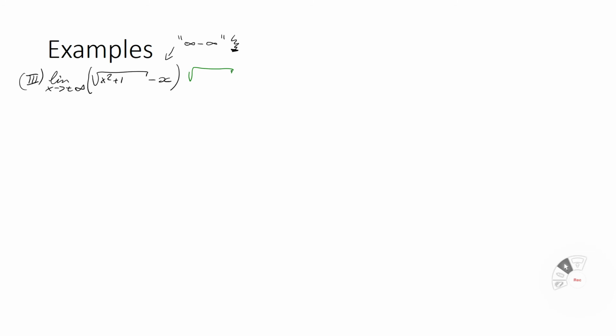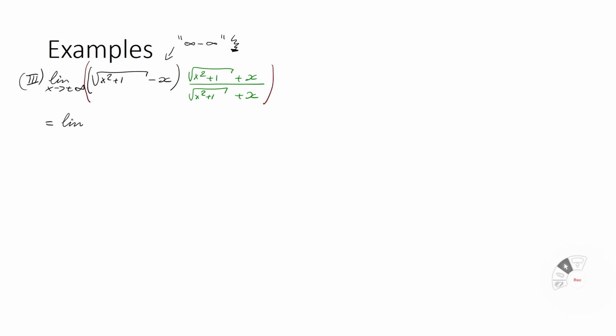And what we usually do when we have square roots is we can multiply by the conjugate and see if that gives us something. So we put this fraction, and then we take the limit of this whole thing.